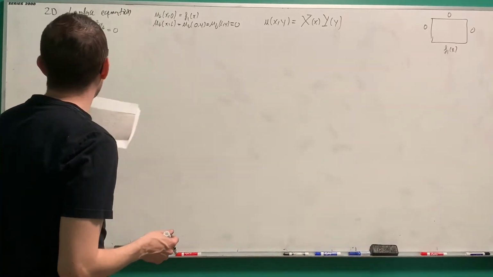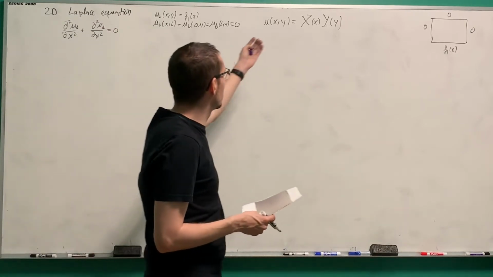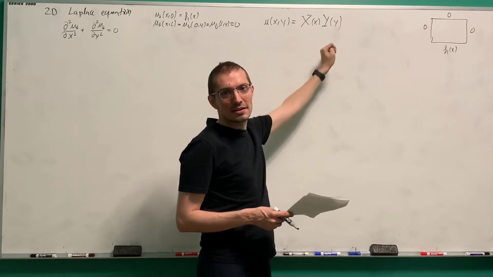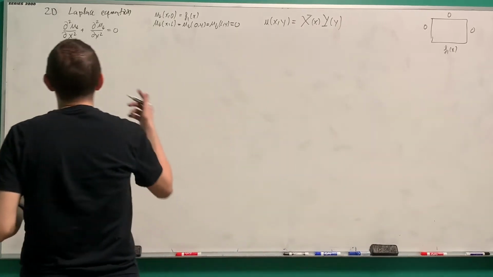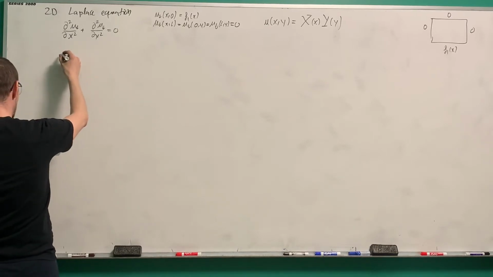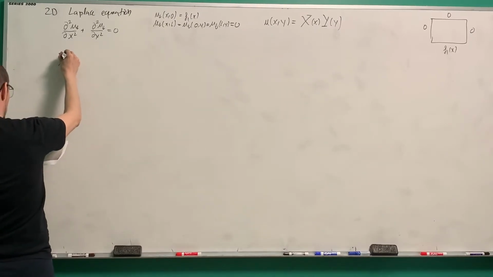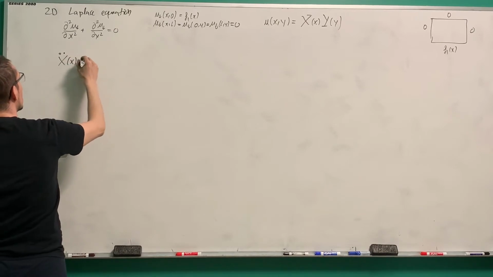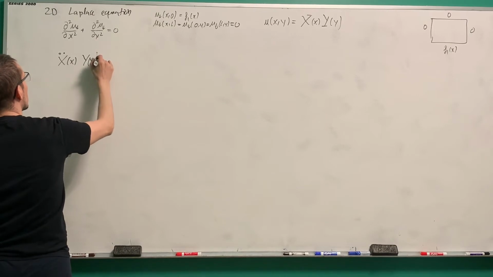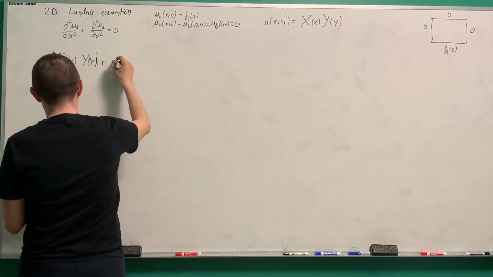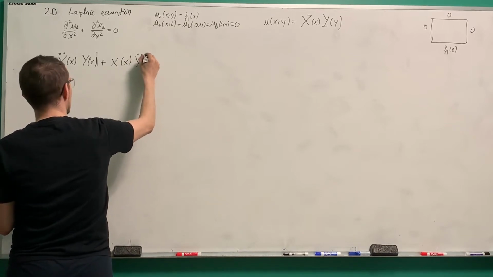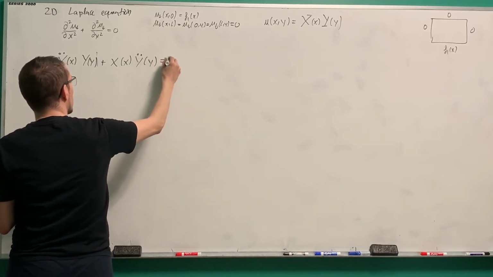All right, so the first thing that we do is the same as usual. We separate variables. We ask: will the solution be a product of a function of only x times a function of only y? Then if we introduce it in the equation, we get the same as before: X double dot of x, Y of y, plus X of x, Y double dot of y equals 0.